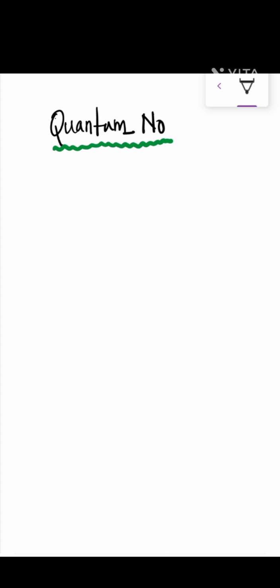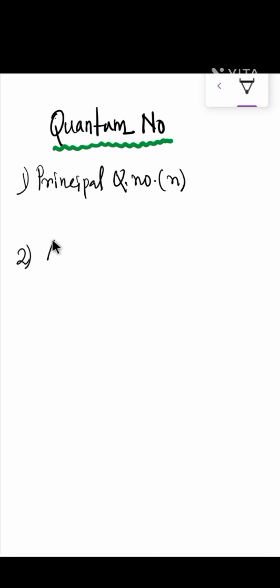Now we have four quantum numbers. The first is called the principal quantum number, represented with the symbol n. Then we have the azimuthal quantum number, represented with the symbol small l.